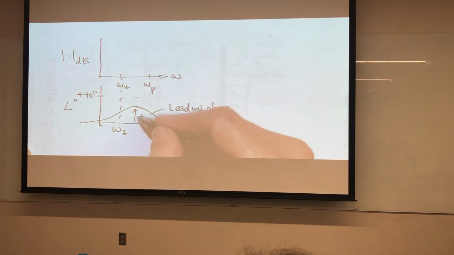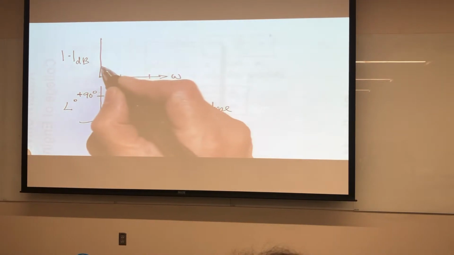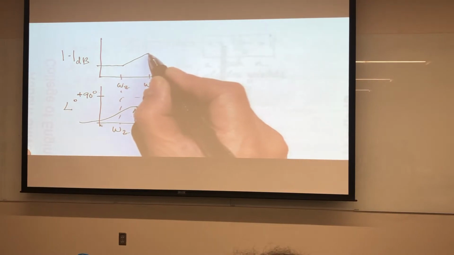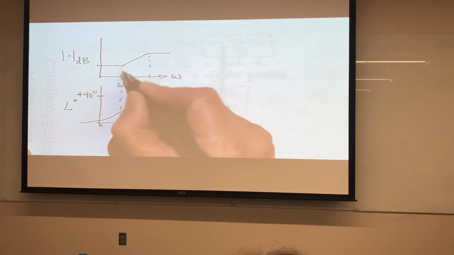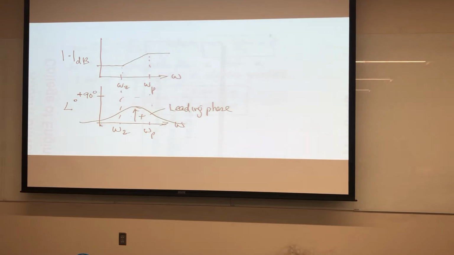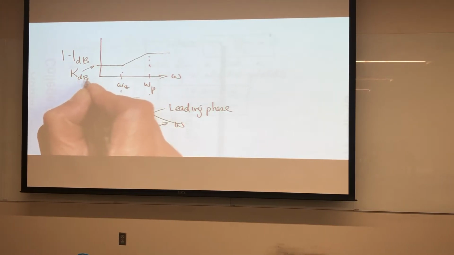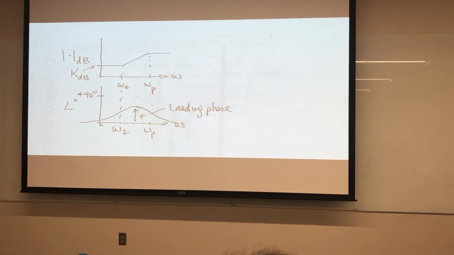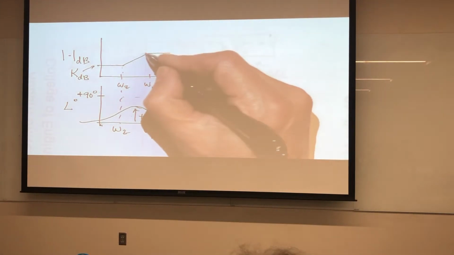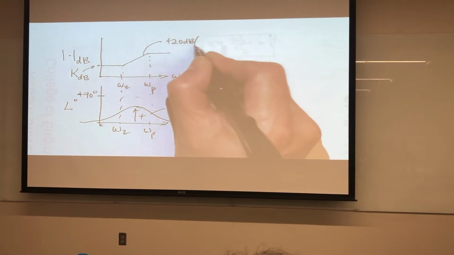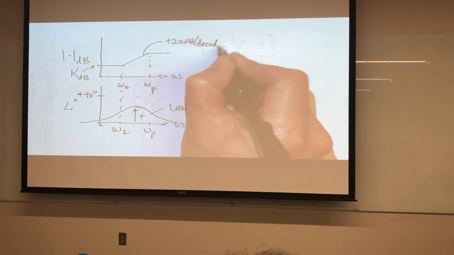Now, corresponding to this picture, in the magnitude characteristic, we have this. Okay, so sketch something that looks like this. And as I said before, the low frequency gain here is K, but we convert it to dB. And we know that this slope is plus 20 dB per decade.